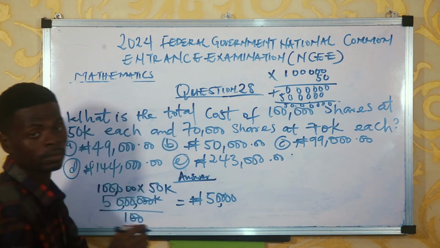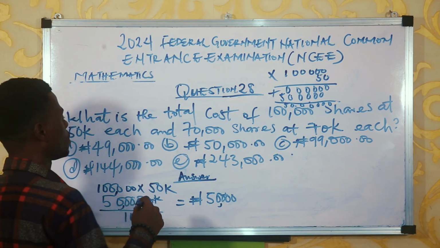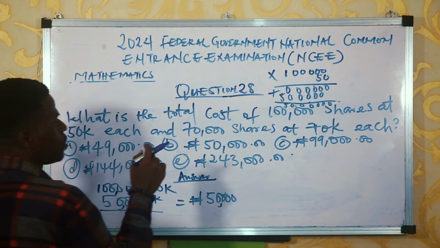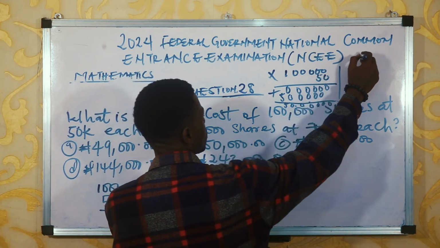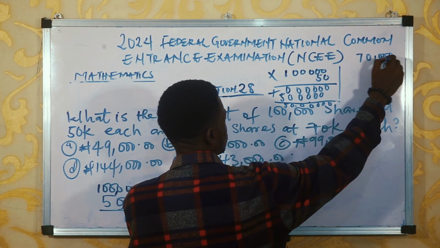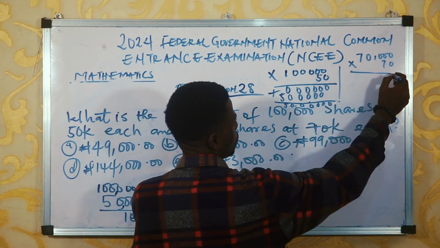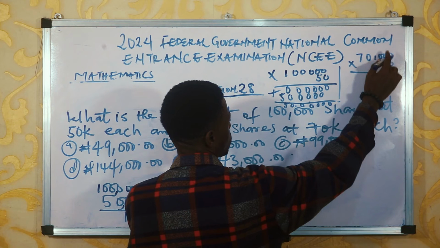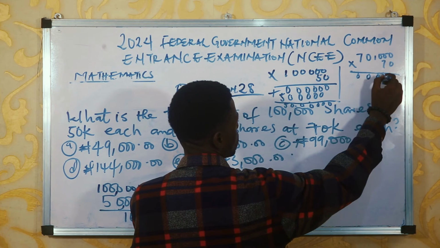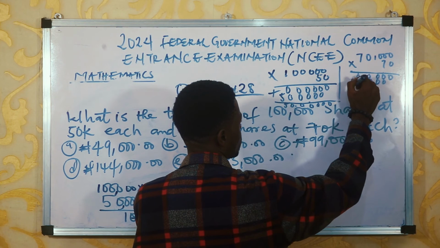Now let's check for 70 kobo times 70,000. So 70,000 times 70. Though it's 4.9 million, let us find it. 7 times 0 gives us 0, 0, 0, 0. 7 times 7 is 49.